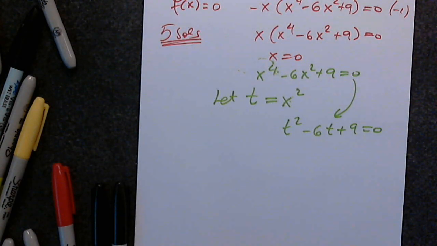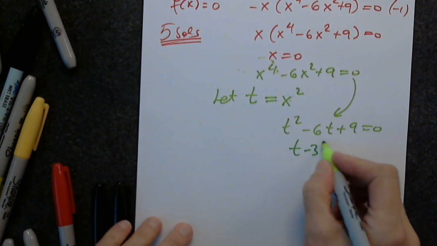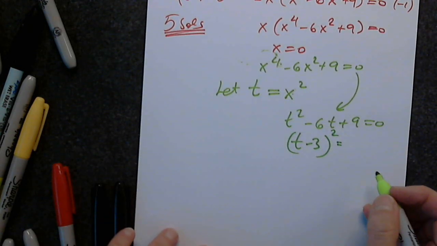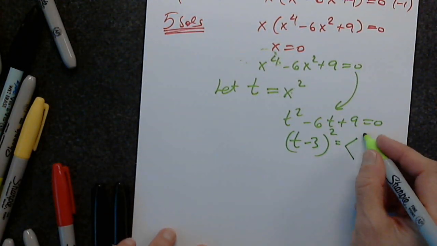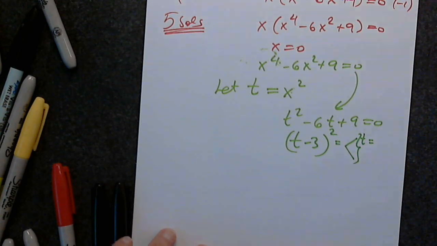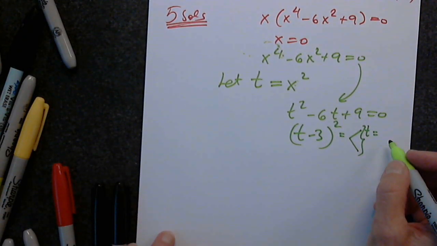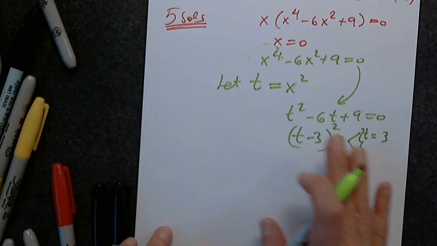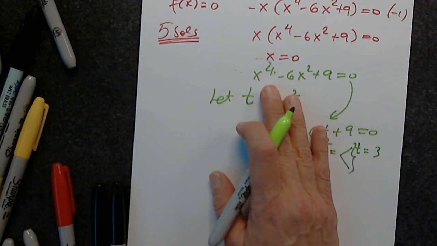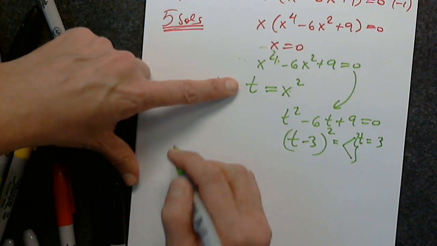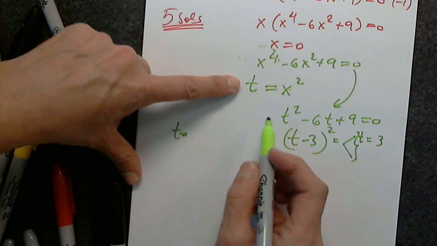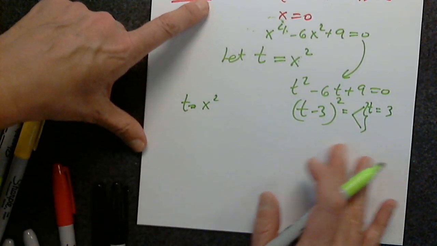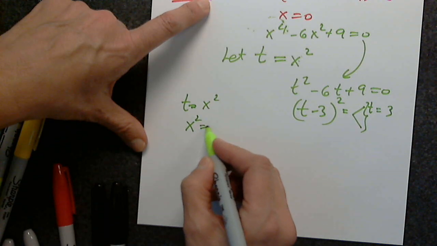So this is t minus 3, everything squared. So we get 2 solutions for t, but they are the same. We cannot talk about multiplicities for t. I have to wait till I get to x. But t equals x squared, so then we have an equation that is x squared equals 3.